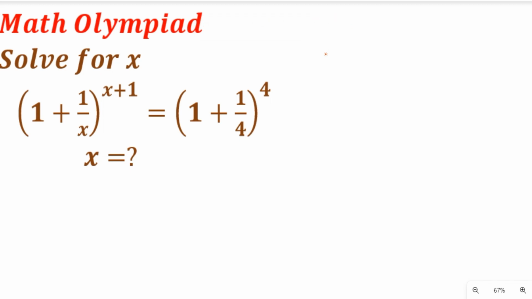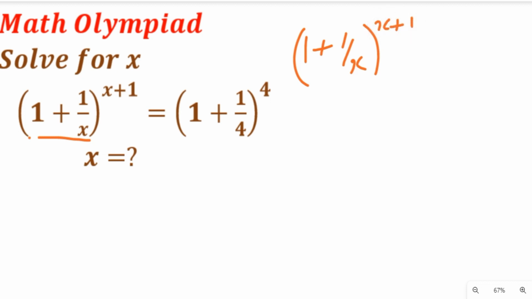To solve this question very well, we are going to consider solving the left hand side of this equation first. Now in the left hand side of this equation, we are given 1 plus 1 divided by x, all raised to the power of x plus 1.